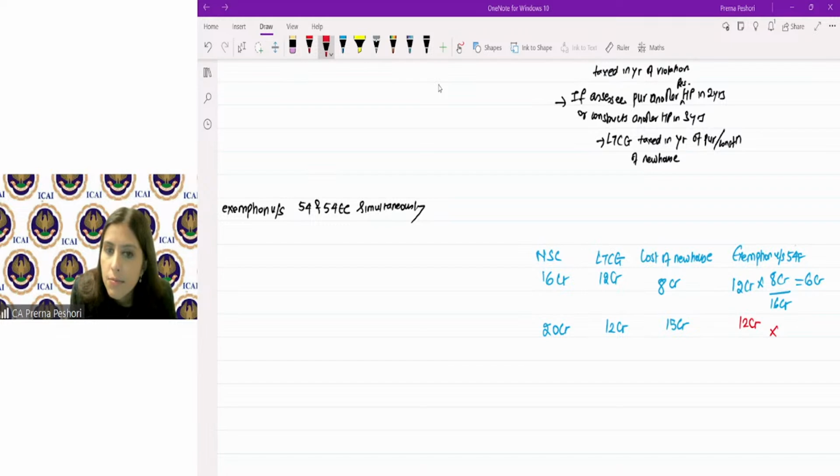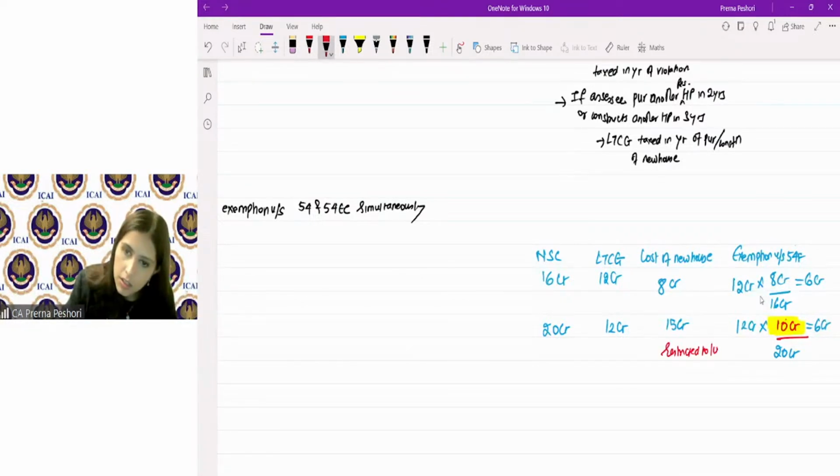Here, the cost of the new house will be 12 CR into 10 CR divided by 20 CR. Are we getting that? So this will be 6 CR. So this is the effect of the amendment. So this 15 CR will be restricted to 10 CR.